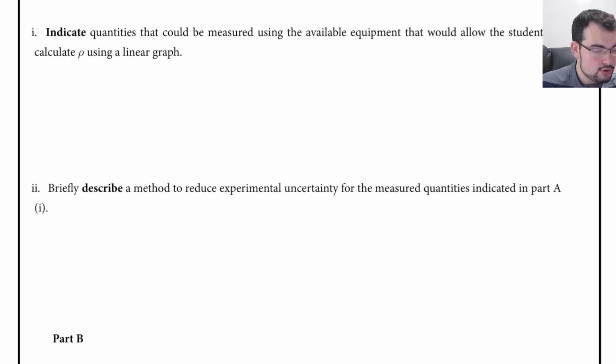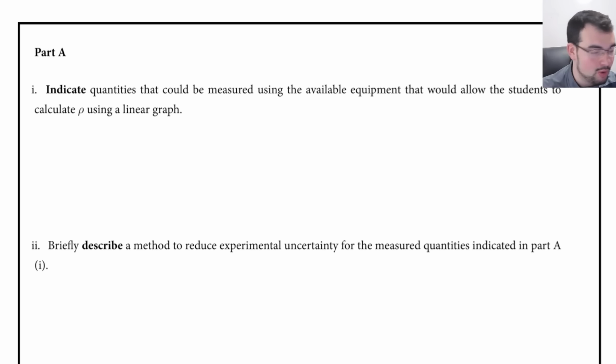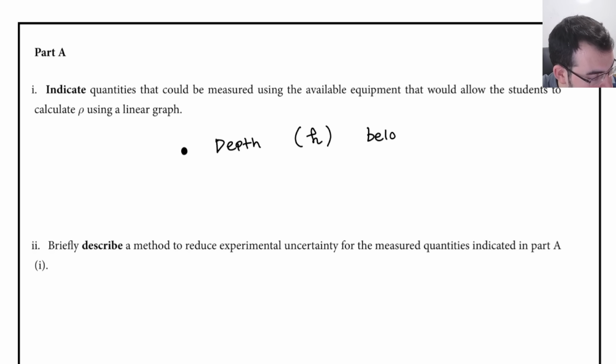So, how do you do part A? You do not say, first I do this, then I do this. You say, what are the quantities I can measure? I don't even have to say how to measure it. I can measure the depth, which I'm going to call H, below the surface.